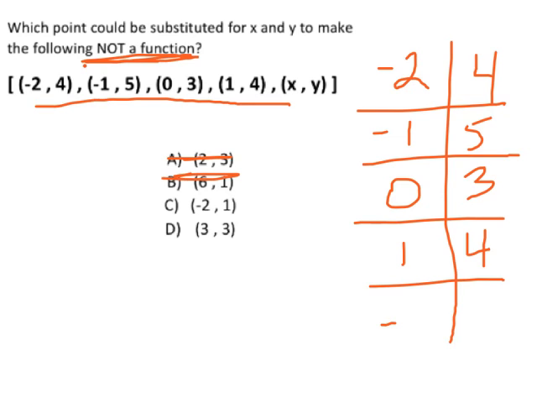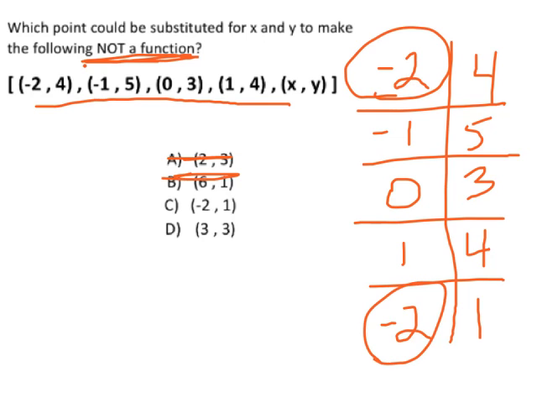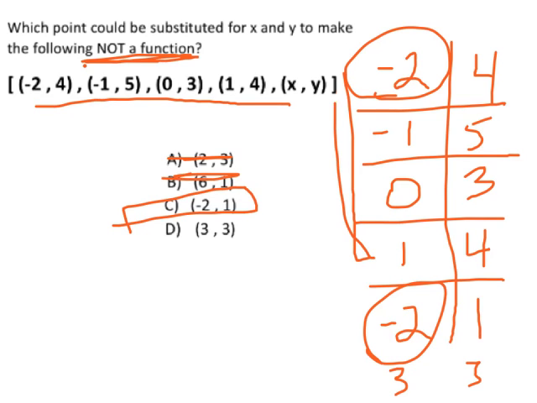What if we put in negative 2, positive 1? Now you'll notice that I have two x values that are the same, so that would not be a function, so C is correct. You can check, and 3 would be fine because you don't have any 3's up here. So the correct answer is C.